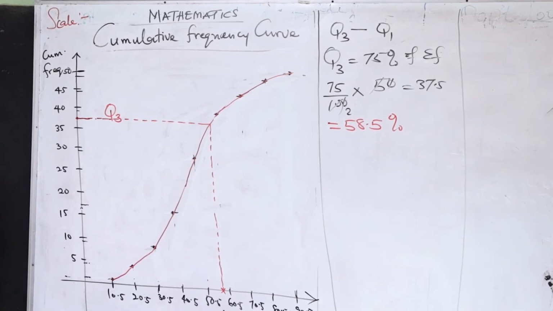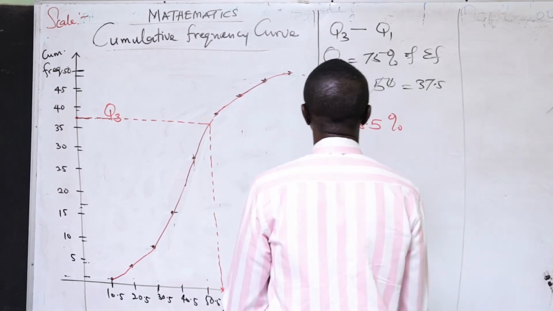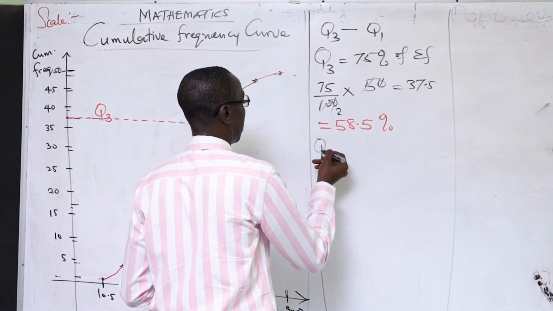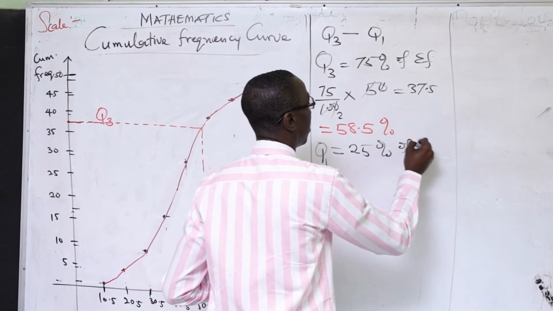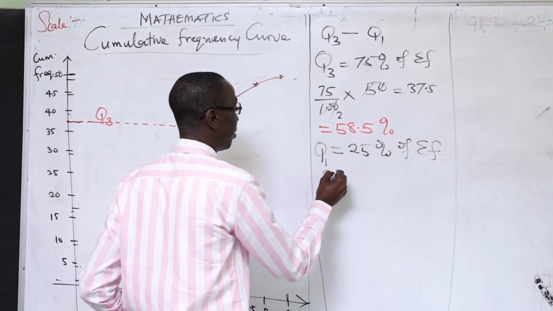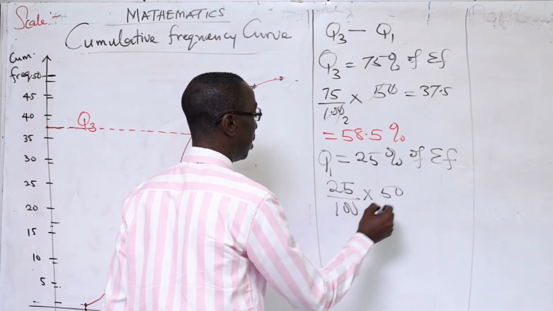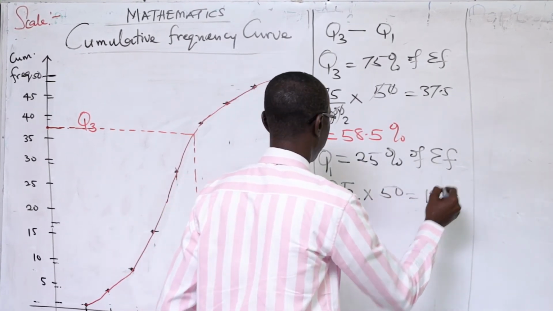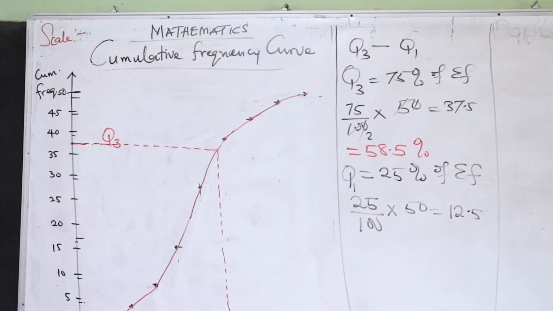Yes? Q1 will be 25% of summation F. That's 25 over 100 times 50. And that is 12.5. Yes or no? 5.